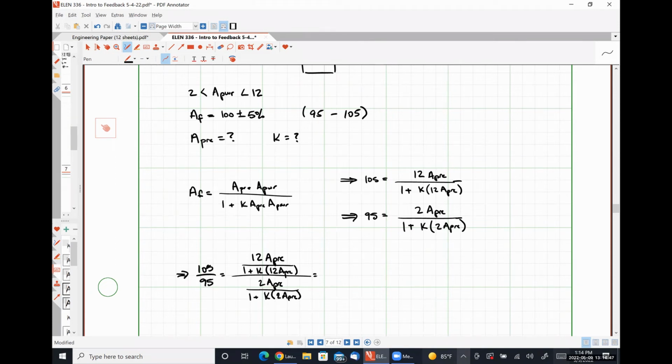Since I'm dividing a fraction by another fraction, that's the same as multiplying the numerator fraction by the reciprocal of the denominator fraction.